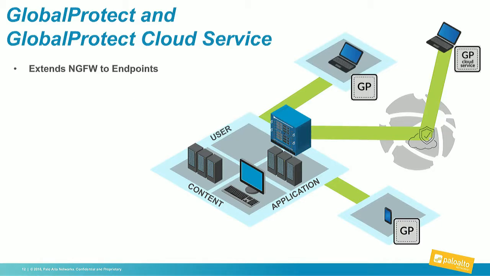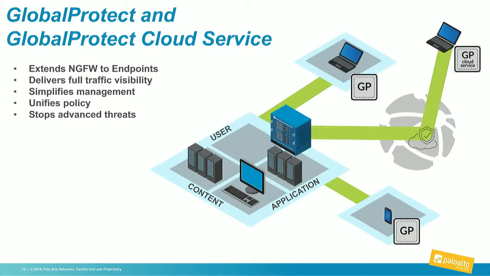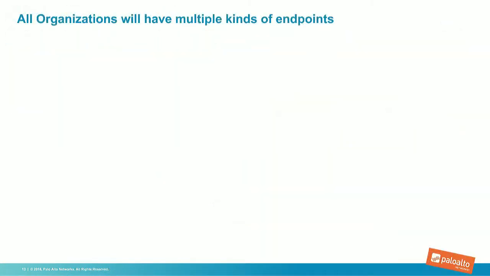Now, by extending this to the endpoints, it delivers full visibility. It gives us easier management. It unifies policy, and that policy is typically based on the user, so I don't get a different location-based policy. My policy is based on me as a user, and by doing this, we can stop advanced threats, and of course, it can be consumed on-premise or as a cloud-based service.